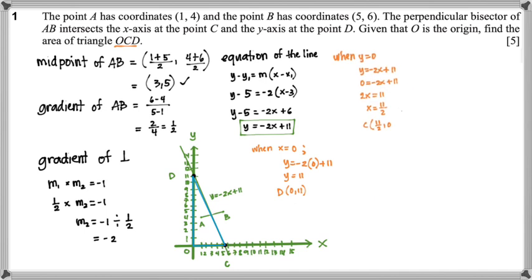Okay, let's move this up. We know that the area of a triangle is 1/2 times base times height.